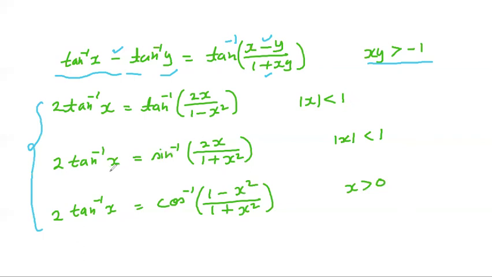It is also equal to sine inverse of 2x upon 1 plus x square, mod x less than 1. And 2 tan inverse x equals cos inverse of 1 minus x square upon 1 plus x square, when x is greater than 0. So you have three formulas for 2 tan inverse x. You can use the function in either tan, cos, or sine.